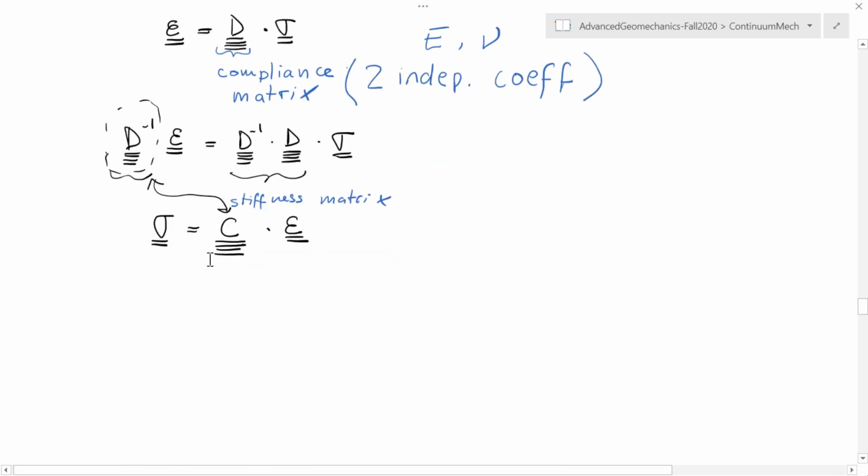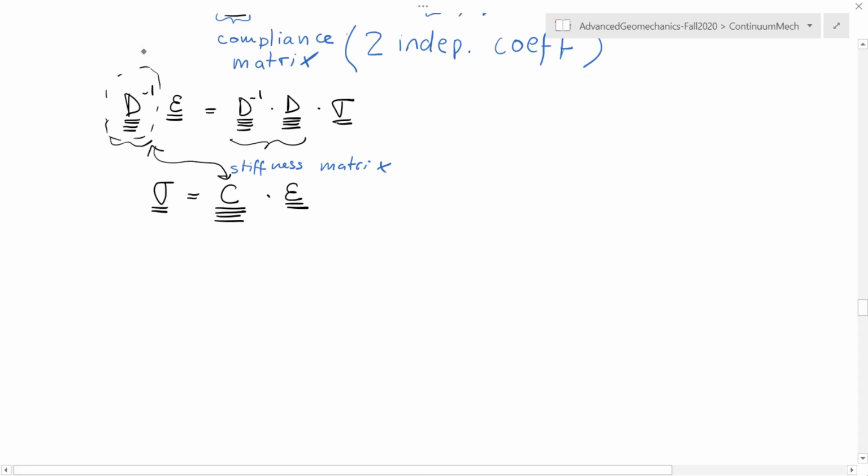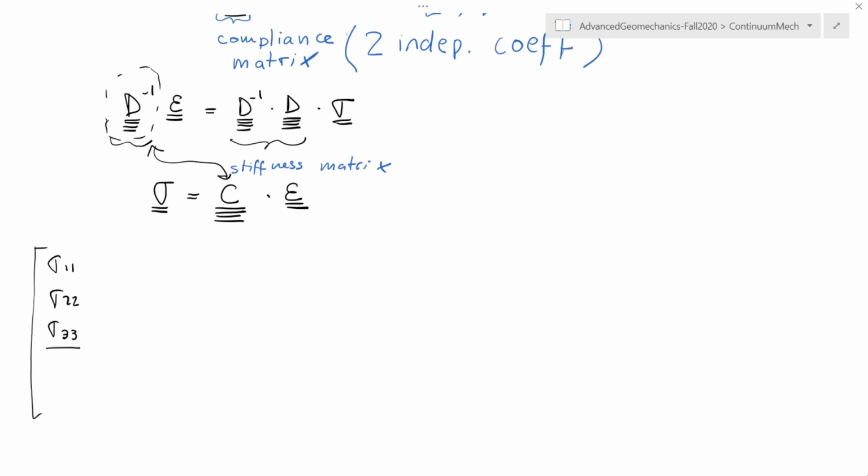It's not such a nice and enjoyable job to do by hand, but you will find out that when you take the inverse, the solution is going to be the following. Stresses as a function of strains, sigma 1,3, sigma 1,2.